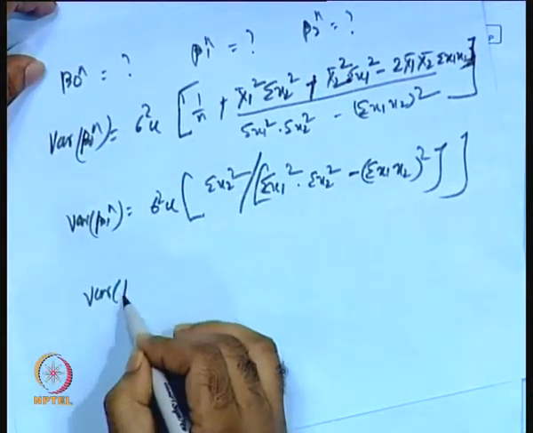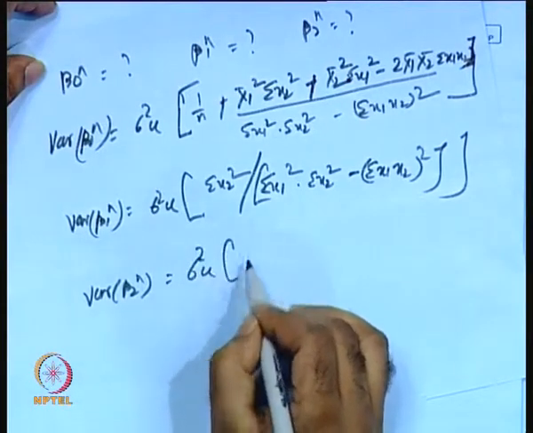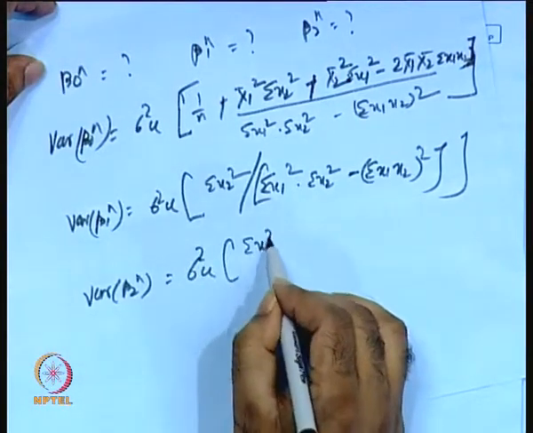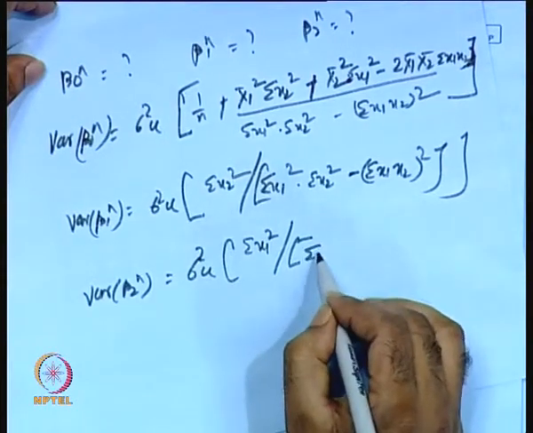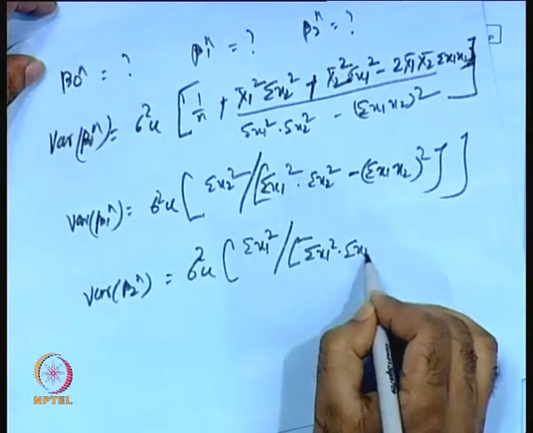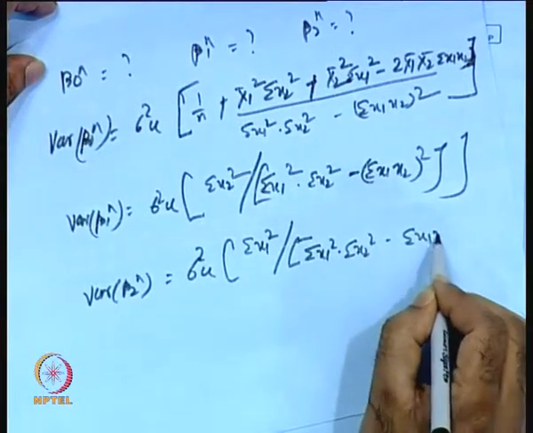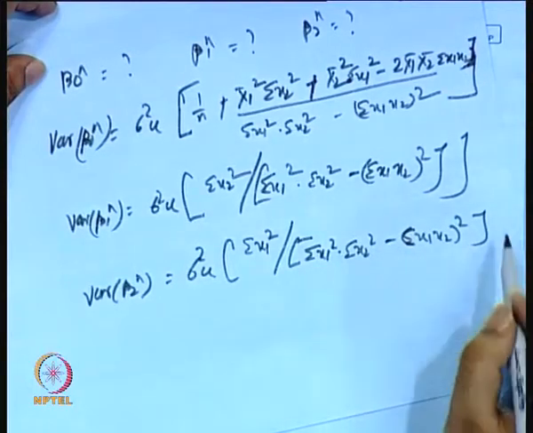Similarly, variance of beta 2 hat is equal to sigma square u times summation x1 squares divided by [summation x1 squares into summation x2 squares minus (summation x1 x2) whole squared].